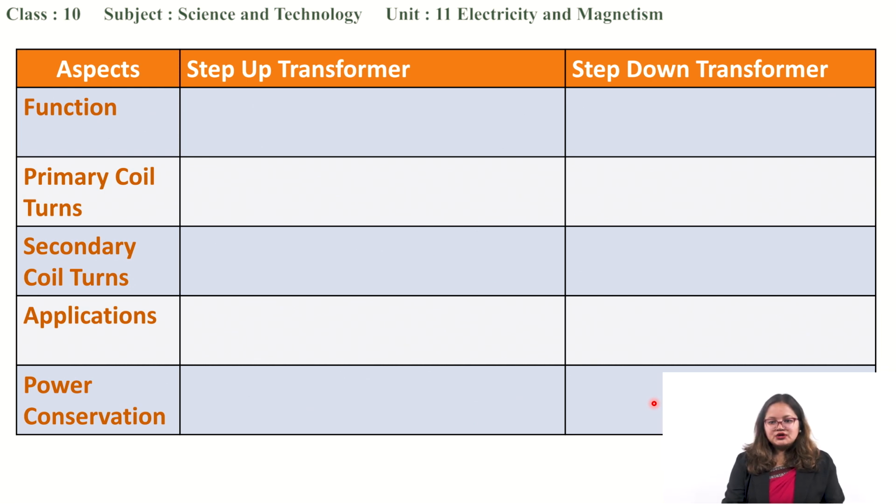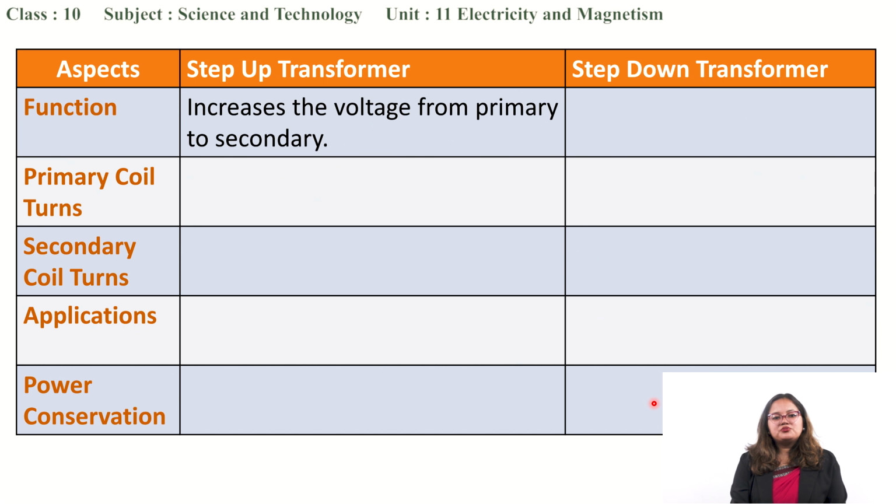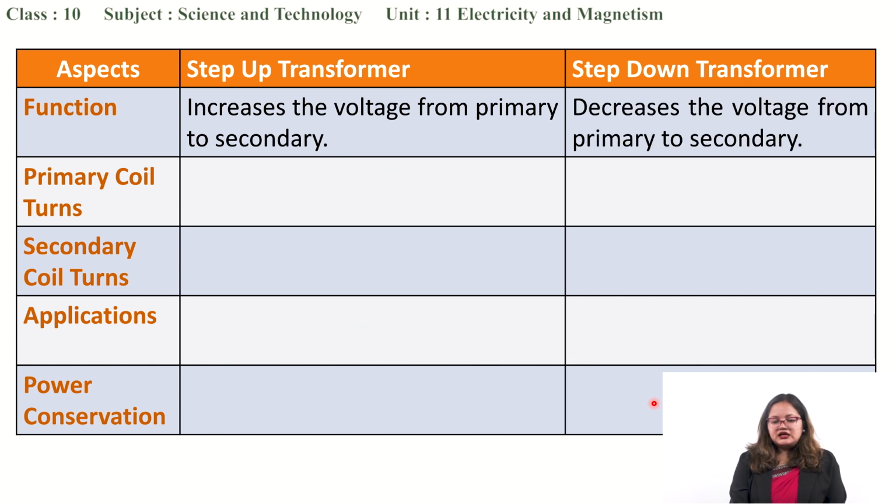Okay, so talking about its function, we know that step up transformer increases the voltage from primary to secondary. In case of step down transformer, its function is to decrease the voltage from primary to secondary.